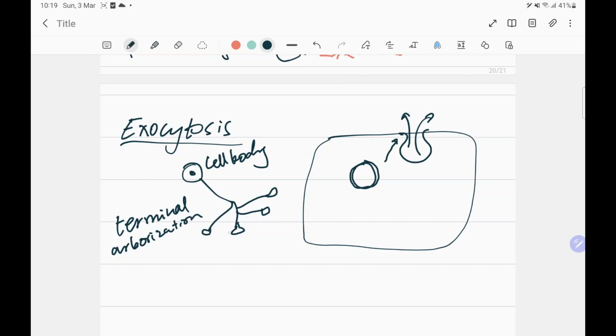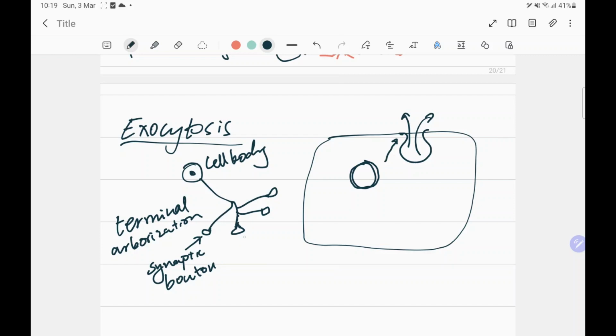In this terminal arborization, there are branches up to 1,000 in number sometimes, and at the end of each it looks like a button tied to a little string, stitched into your shirt or your coat. This is where the synapse happens, in these little synaptic boutons. Bouton is French for button.